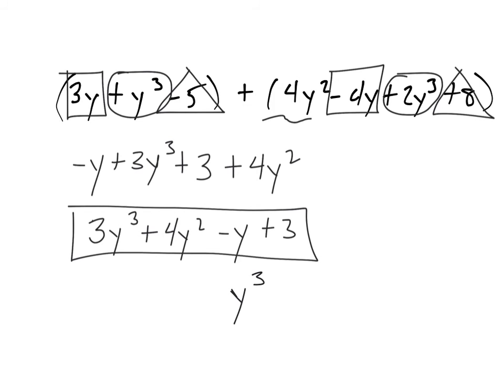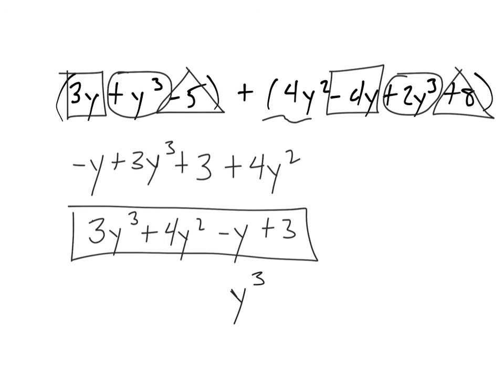Now, notice that this first polynomial does not have a y squared term. But when I do vertical addition, every degree must have a place. There needs to be something in every degree spot.